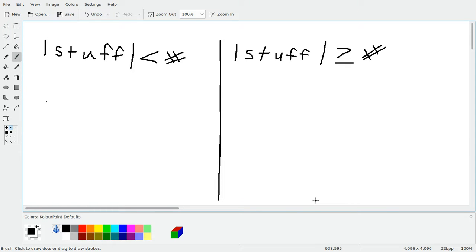Hi, in this video we're going to learn how to solve absolute value inequalities. So if we have the absolute value of some stuff is less than a number, we're going to rewrite this as a compound inequality. And if it's a less than symbol, we're going to use an "and" statement or a between statement.